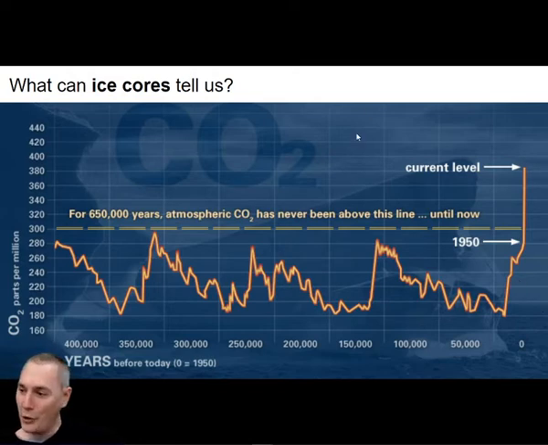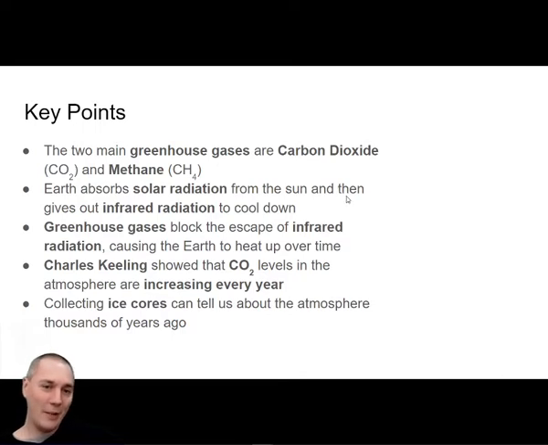So that's our lesson on greenhouse gases. Key things that we've talked about in today's lesson are the two main gases. The big one is called carbon dioxide, but methane is also very important in terms of causing the greenhouse effect. You need to know a little bit about the two sorts of radiation. The one that comes in from the sun and hits planet Earth is called solar radiation, and causes the Earth to warm up.